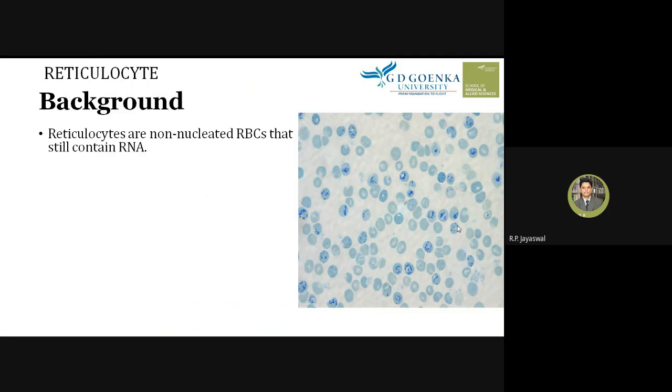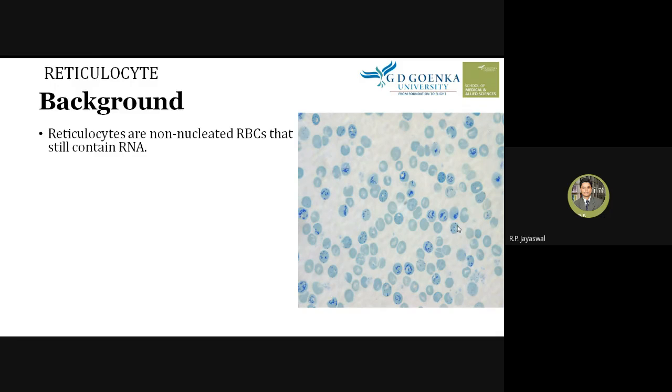Okay, so you have to remember that reticulocytes are the immature form of the red blood cells, and in their cytoplasm we can see RNA, and after staining we can trace out the RNA material. You can see it in the image also.